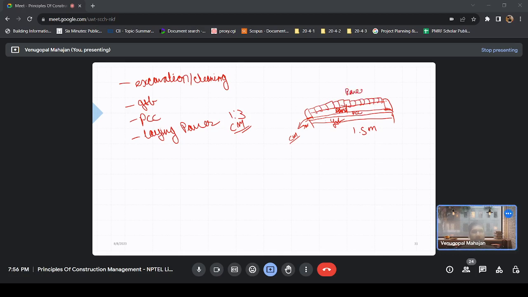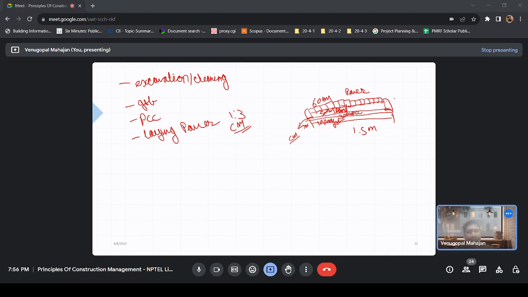Now you know the thickness that the paver is 60 mm. Let's say your sand is 50 mm. What about PCC? 1 inch would do, right? So 30 mm. What about GSB? 10 centimeter, 15 centimeter. 10 centimeter would also do, sir. Okay, so 100 mm GSB. And what about your curb size?